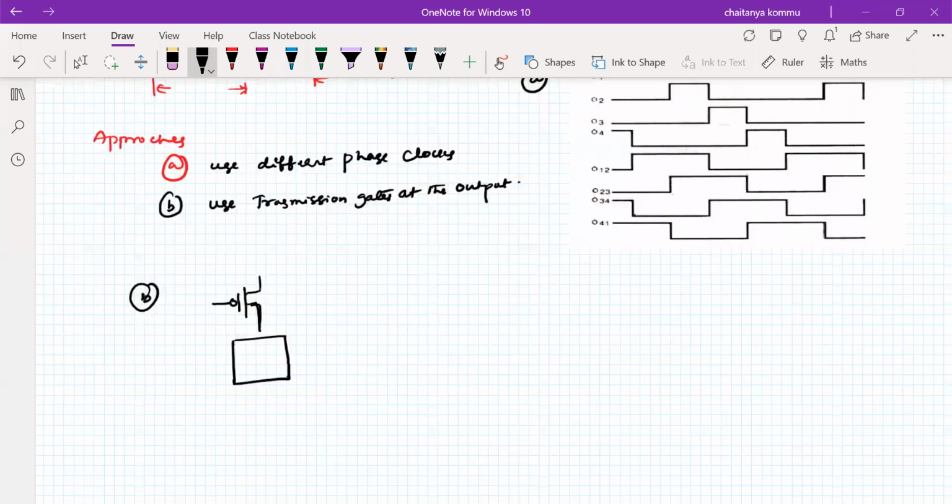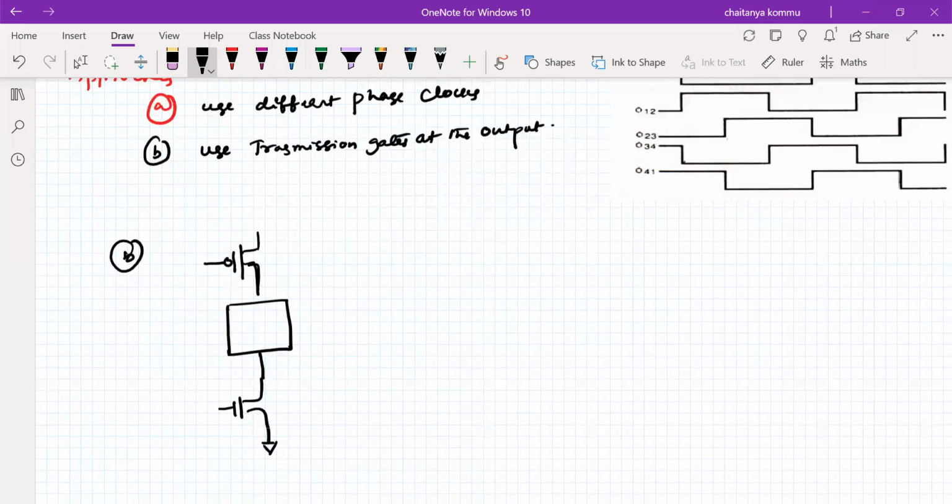The output of this one is connected to a transmission gate. What do you mean by the transmission gate? We have a PMOS transistor and an NMOS transistor. Connect both, and this is called a transmission gate.